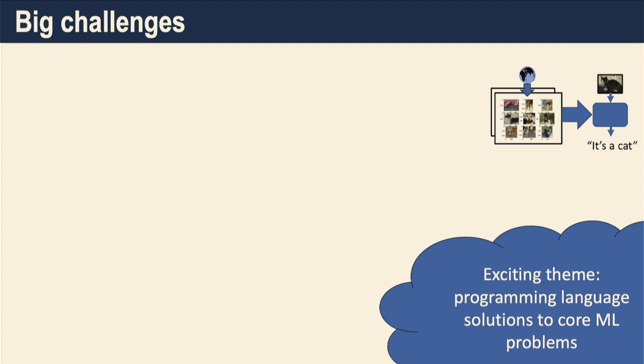I don't know if anyone went to Nate's awesome keynote this morning about how, in networking, by connecting up ideas from programming languages, we were able to come up with really interesting and compelling solutions to problems that they had in networking. I think we're starting to poke at and prod at similar things happening in machine learning as well, and I think you can come to this session and see what that's all about.